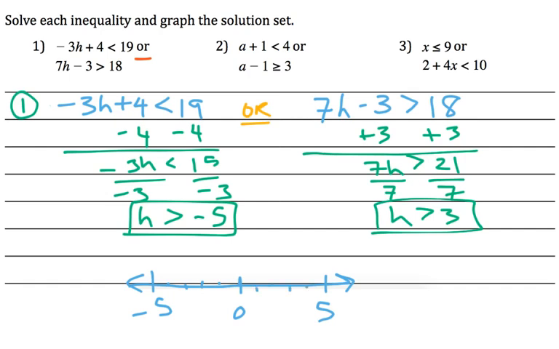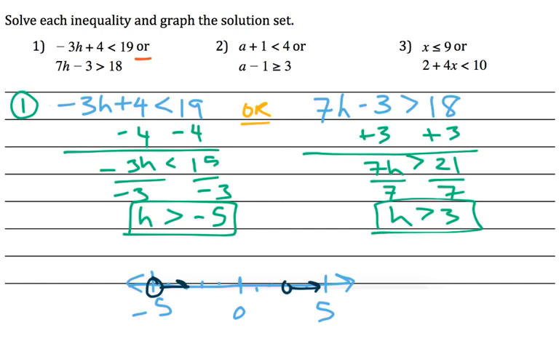So here I am with h is greater than negative 5. Maybe just a slight arrow for now, lightly drawn with pencil. The other thing I'll say is h is greater than 3. Again, writing that sort of lightly with pencil.